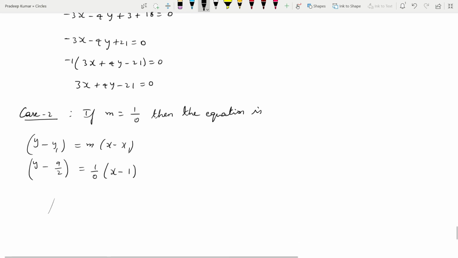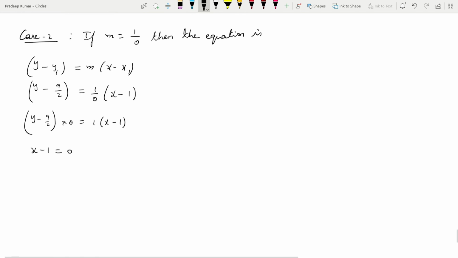So let's solve this further. If I send this 0 to the side, I get y minus 9 by 2 into 0 equal to 1 into x minus 1, where this whole part will become 0. So we remain with x minus 1 equal to 0. So this is the equation for the second tangent of the circle.